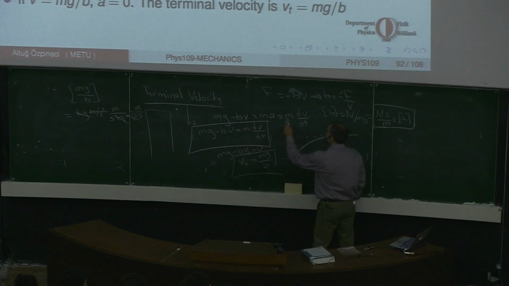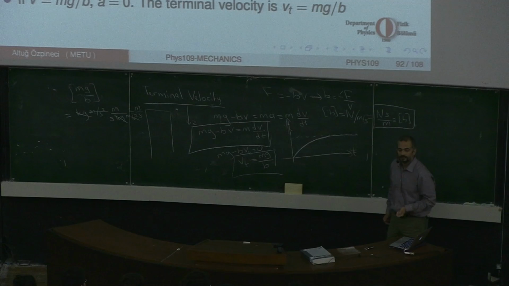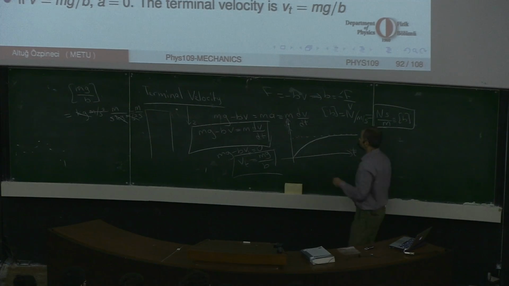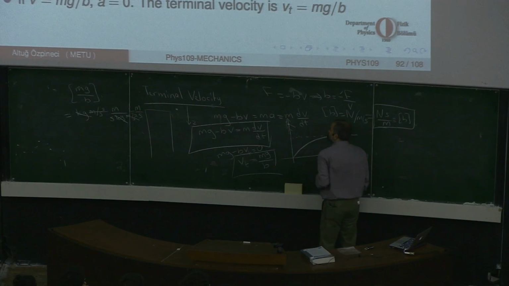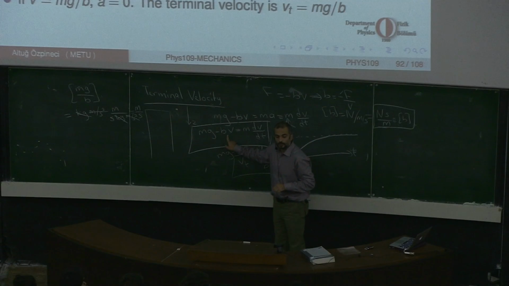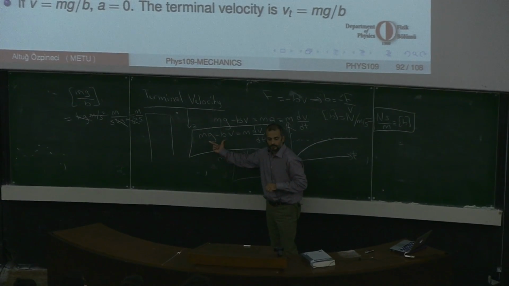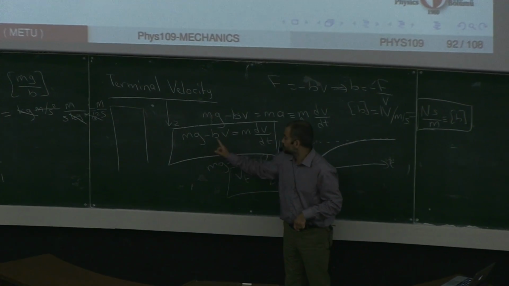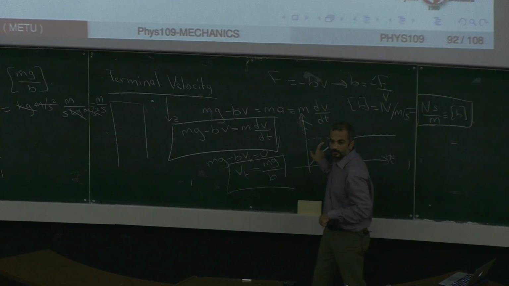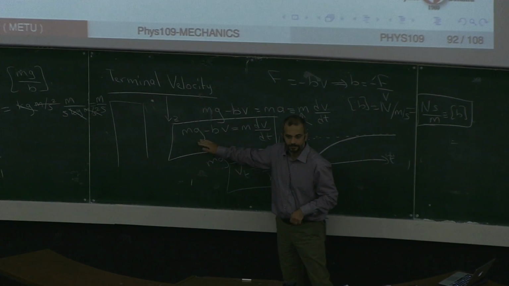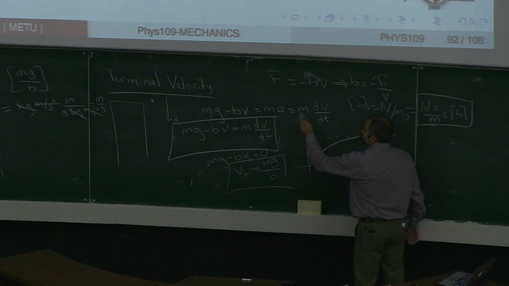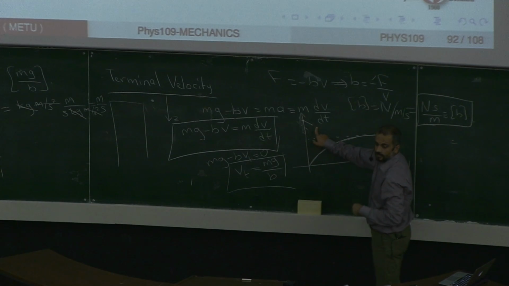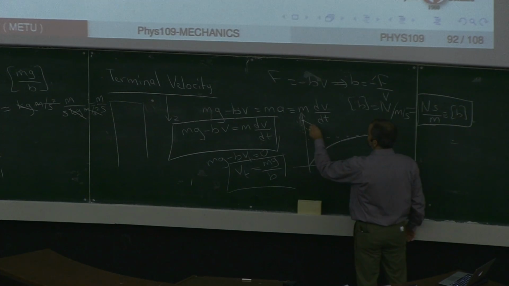So initially the velocity is positive. The object decelerates, the speed gets lower. But as the speed gets smaller, this number becomes smaller in magnitude because the velocity is approaching the terminal velocity, which makes this 0. So the speed got smaller. It will keep on decelerating with a smaller deceleration.